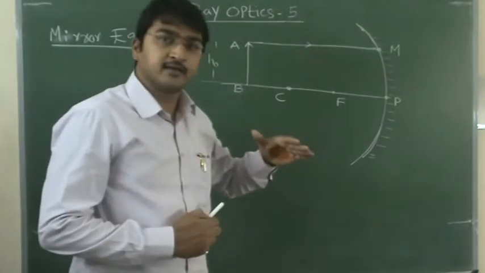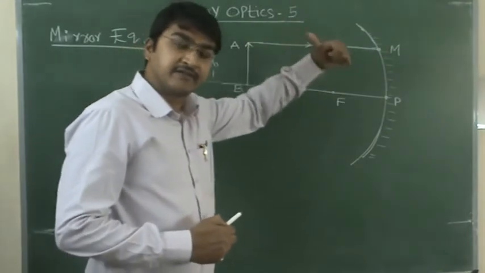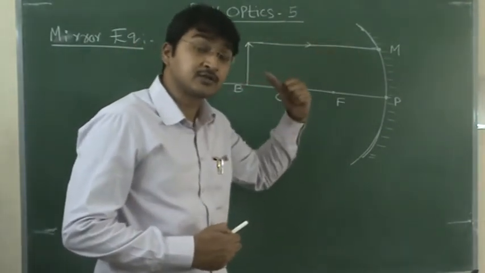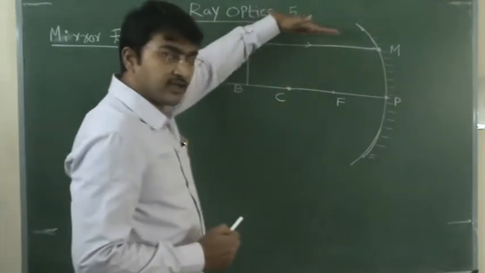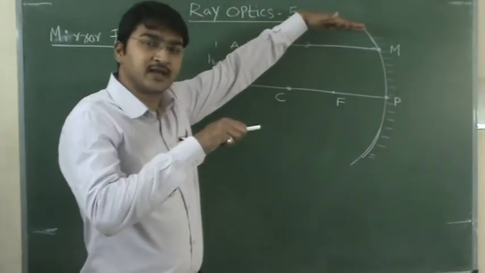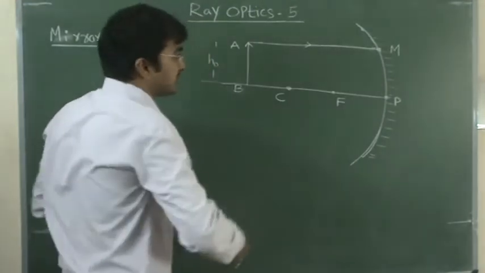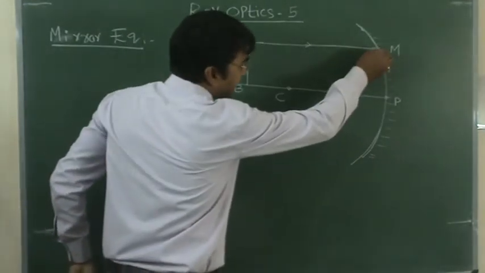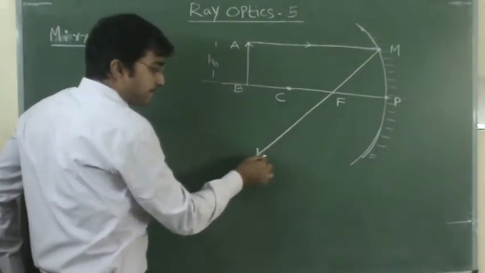When a ray is incident on a mirror parallel to the principal axis, it is reflected back and passes through the principal focus. You know that. So this is the incident ray and this is the reflected ray.